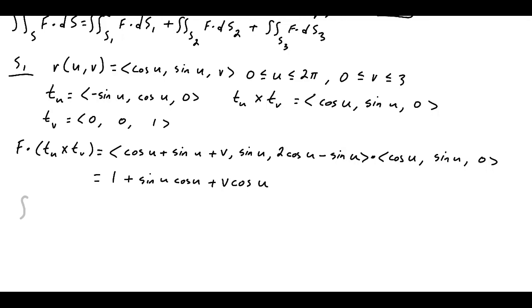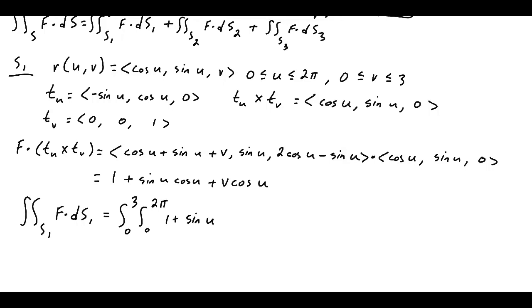So the surface integral on surface 1 of f dotted with dS₁ becomes the integral from 0 to 3 with respect to v of the integral from 0 to 2π with respect to u of 1 plus sin u cos u plus v cos u.